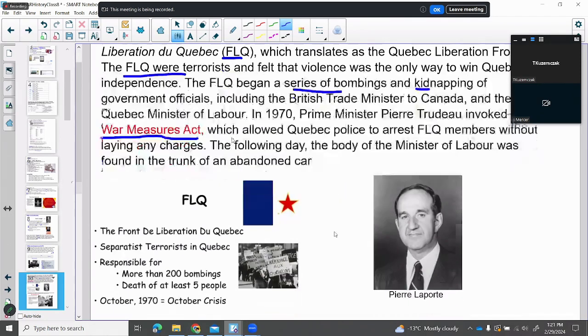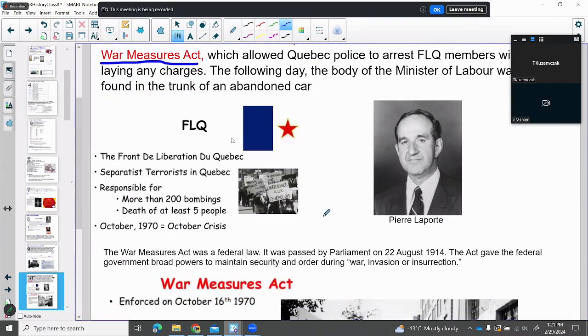You can see a picture here on the left, with some demonstrations. Again, they were responsible for more than 20 bombings and the death of at least 5 people.